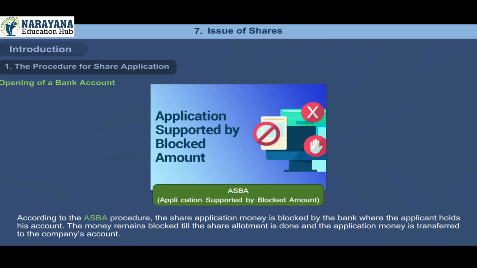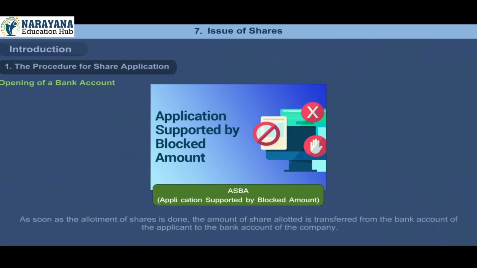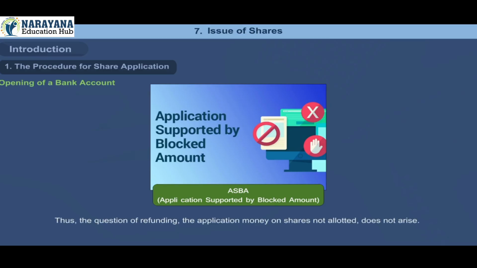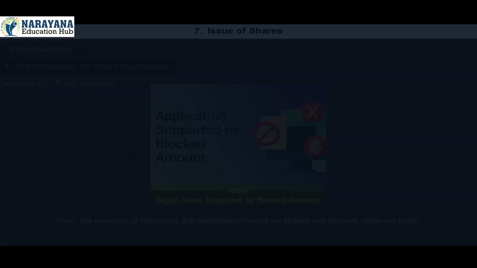The money remains blocked till the share allotment is done and the application money is transferred to the company's account. As soon as the allotment of shares is done, the amount of shares allotted is transferred from the bank account of the applicants to the bank account of the company. Thus, the question of refunding the application money on shares not allotted does not arise.